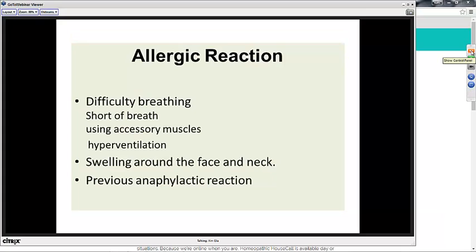That is to say, Dr. Ivans? Yes. That is to say, if the person has a history of a previous anaphylactic reaction. That is correct. If the person has any kind of condition where they've had respiratory distress before, you want to take that into consideration, and you don't want to wait.